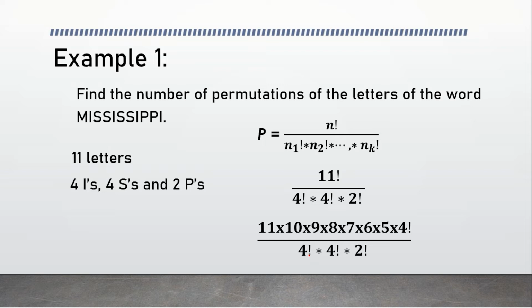By the use of cancellation method, kakancel natin itong 4 factorial at itong 4 factorial dito sa ating denominator. Kapag in-expand natin yung 4 factorial, we will have 4 times 3 times 2 times 1, and yung 2 natin which is 2 times 1. Kapag in-evaluate natin yan, we will come up with 34,650.